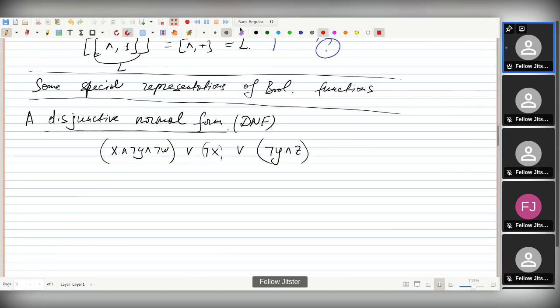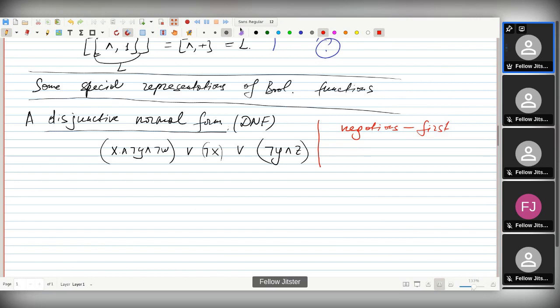So the idea is as follows. Negations are applied first. So negations are applied directly to variables. It is not possible to negate a conjunction or disjunction in this form.